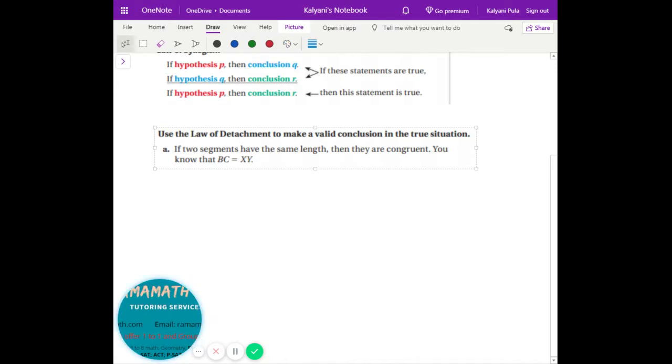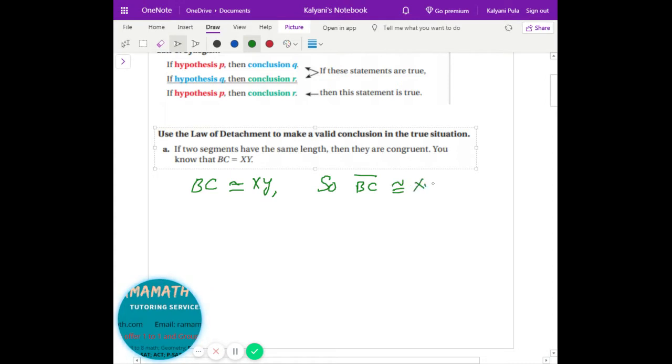So, since BC is equal to XY, that satisfies the hypothesis of the true conditional statement, so the conclusion is also true, because the two segments have the same length. We can say BC equals XY, and definitely we can say that because they have the same length, the line segment BC is congruent to XY. So that's the basic logic behind that.